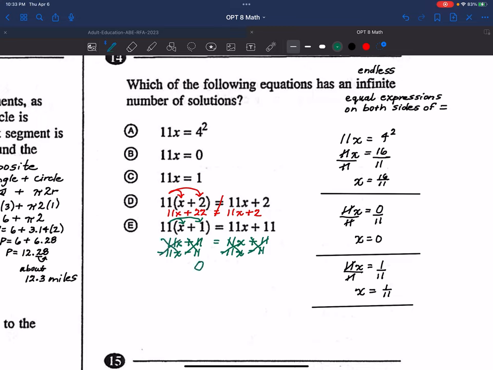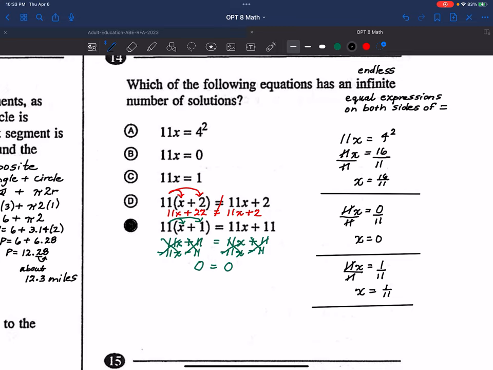So I'm left with nothing on this side and nothing on this side. That is because this equation has an infinite number of solutions. It doesn't matter what you put in for x, it's going to fit on both sides. So this is the answer that we're looking for.